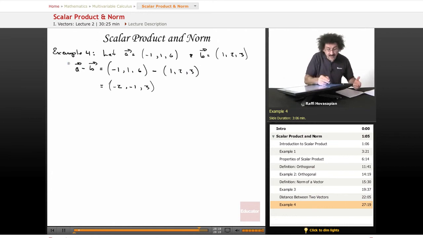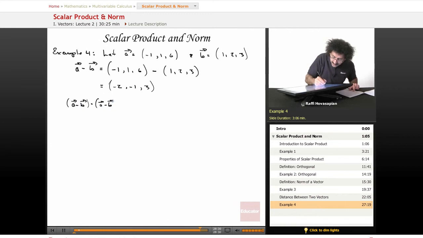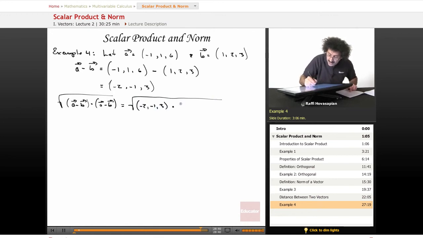Okay, now since that is the vector A minus B, based on the definition that we just wrote, let's dot this with itself. A minus B dot A minus B, the dot product with itself, that's equal to, again, I'm going to write this out explicitly, (-2, -1, 3) dot (-2, -1, 3).